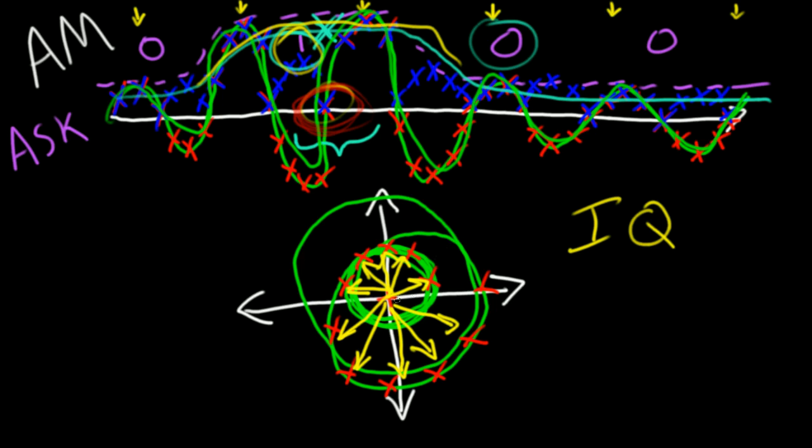So if we wanted to find this first sample here, take its magnitude, or its distance from the origin, then we would take its I value, which is this horizontal component, and then its Q value, which is vertical component, and we could use the Pythagorean theorem, and this distance from the origin would simply be the square root of I squared plus Q squared. Now think about this for a moment. How many samples at a time do you need in order to compute this?